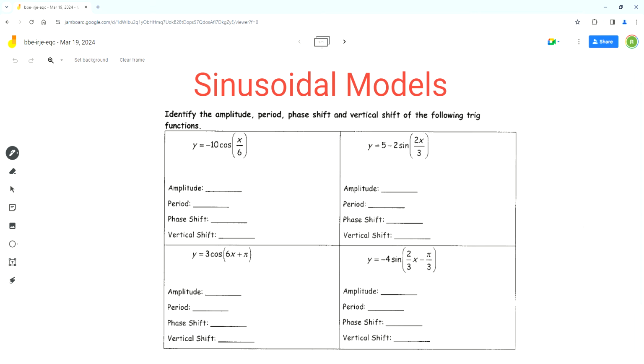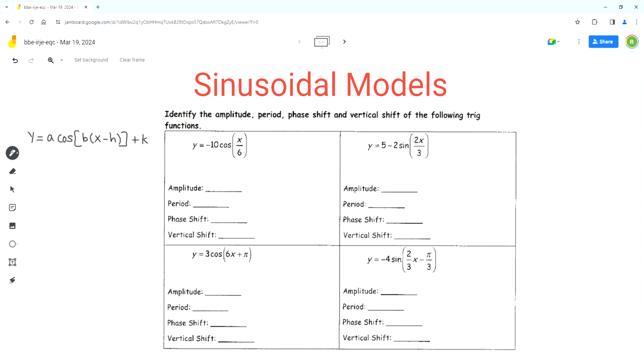So the first step is to write the general equation of a transformed cosine function. And the general equation is y equals a cos of b parentheses x minus h plus k.